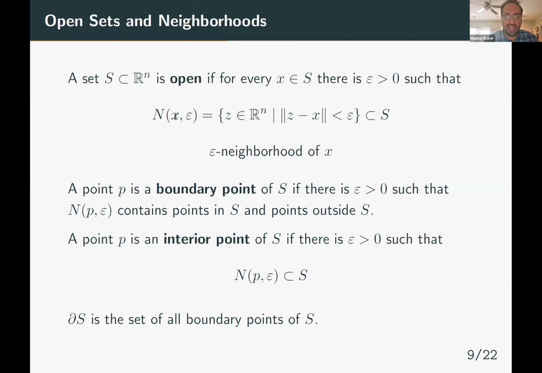The center of the ball is x, and the radius of the ball is epsilon, and for all z that belongs to R^n, if the norm of z minus x is less than epsilon, then that set is a subset of S. We call that a ball of epsilon neighborhood of x.